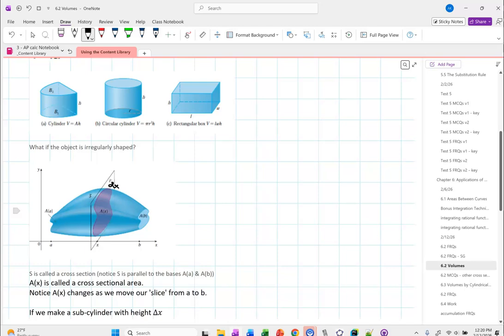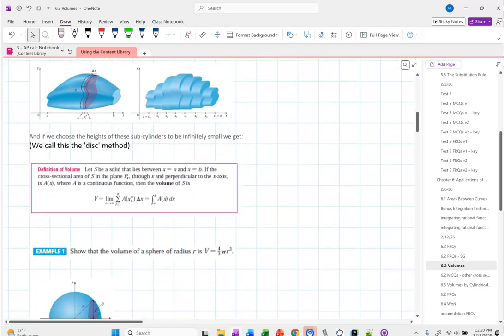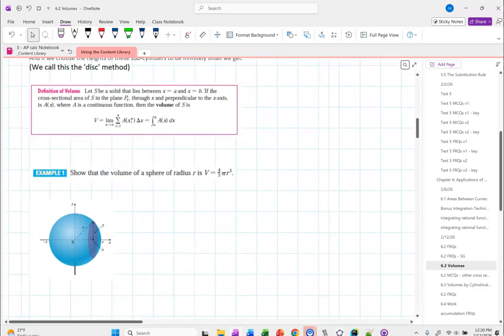And that just becomes the integral from a to b of A of x dx. So a general formula is the cross-sectional area times that dx. Is everybody okay with that idea? Let's start putting this into practice now, okay?